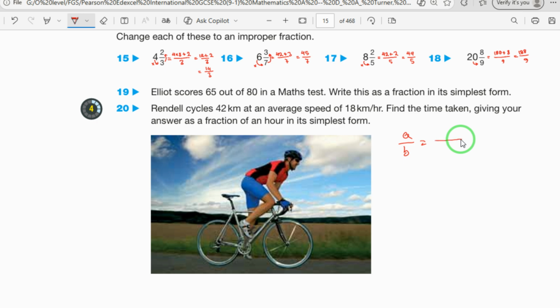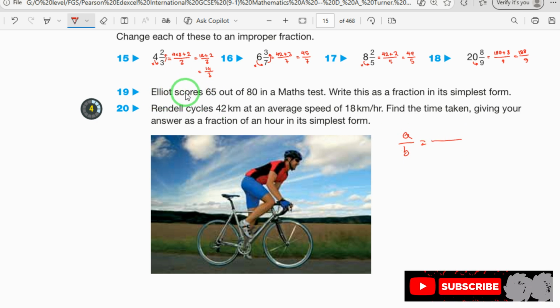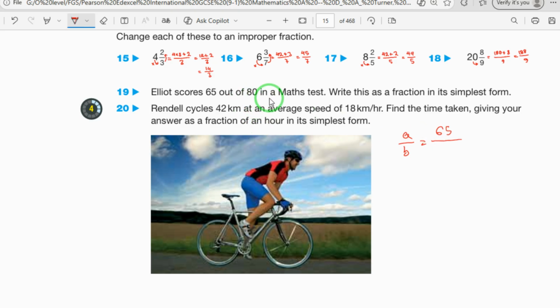Here a is the first number, the score 65 that Eliud gained, and b is the second number, the total 80. Now we can simplify. Both of these numbers are divisible by 5. We divide by 5.